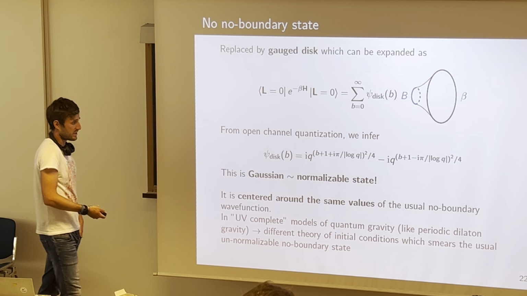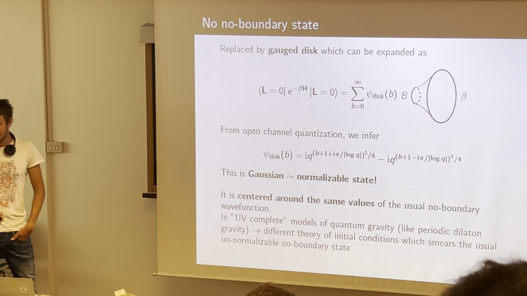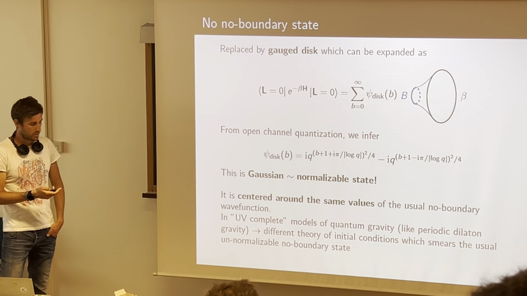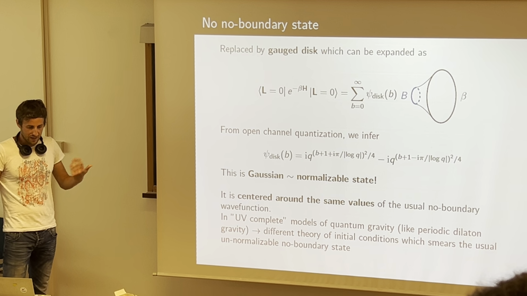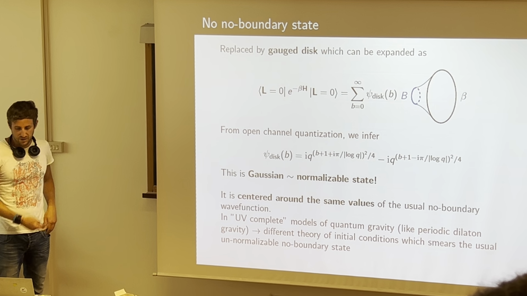So we can take this as a lesson for how the initial conditions have to be in this theory, since this theory can be regarded as a UV complete theory in this sense.